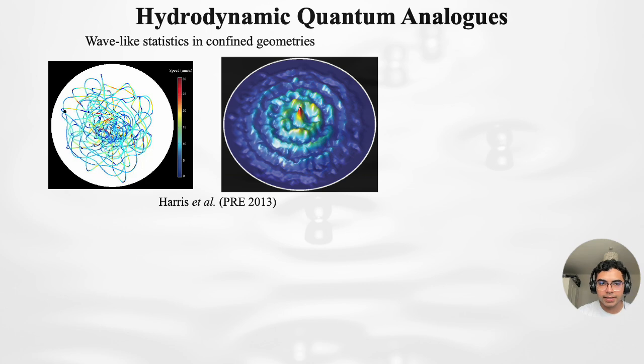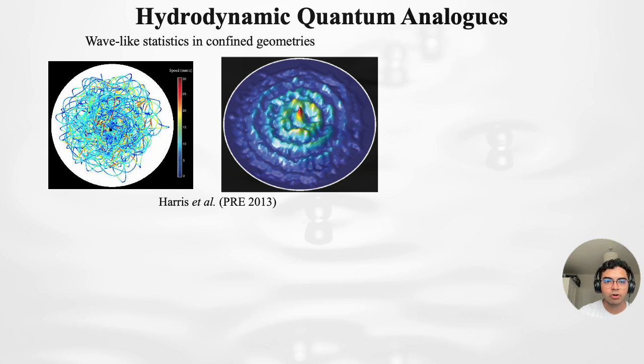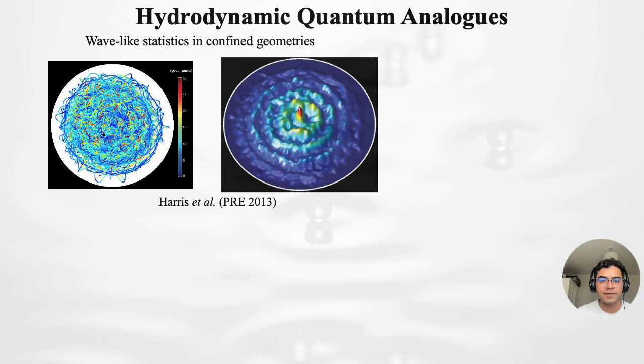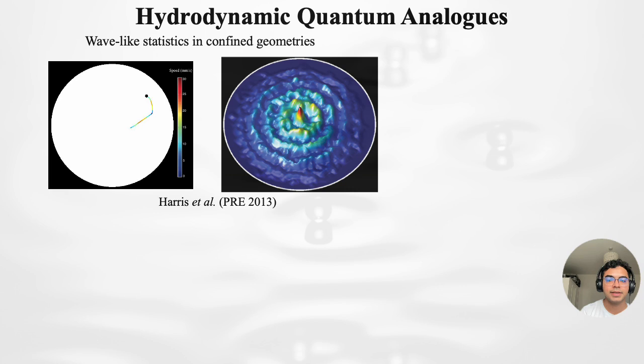Now, if the droplet is tracked for a few hours in experiments, and if we plot a histogram of where the droplet has been inside a cavity, then you can get a coherent wave-like structure in the probability distribution of the droplet inside the cavity.